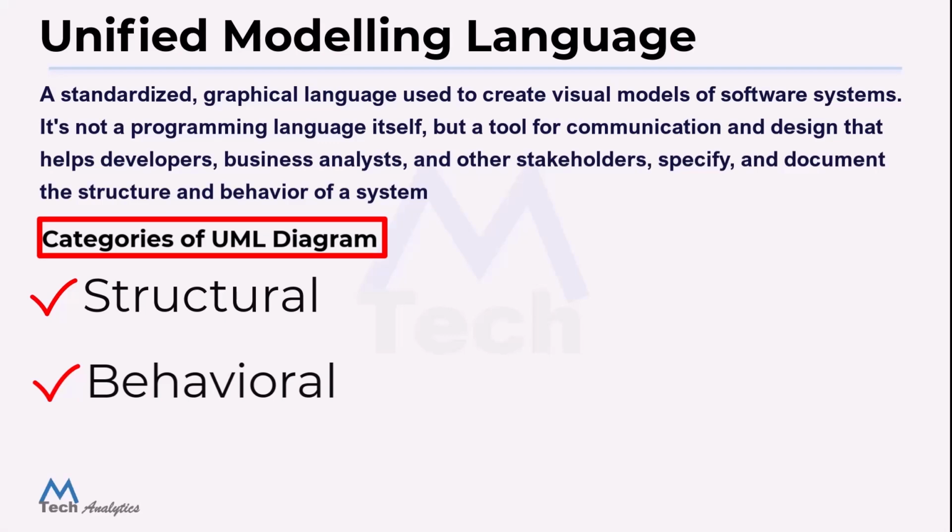However, the behavioral diagrams include such scenarios as use case diagrams, sequence diagrams, and activity diagrams. So, the first aspect of this requirement is for us to draw a class diagram for this business case scenario. So let's go ahead and evaluate the process for drawing a class diagram.